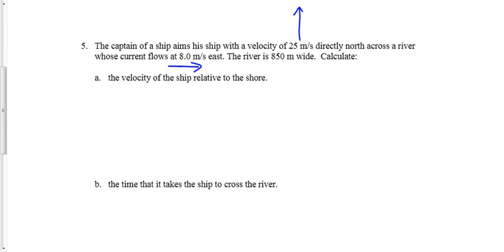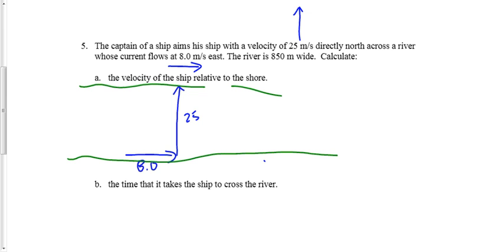Let's draw the vector diagram here. We have one that's this way at 8 meters per second, and we have one that's this way at 25 meters per second. We could have just as easily drawn it like this, right? Is one better than the other? No, I don't think so. As long as they're drawn front to back, it's all good. Looks like the river current is flowing this way to the east, so I'm going to draw in my river right now.